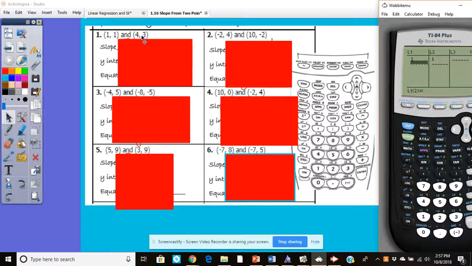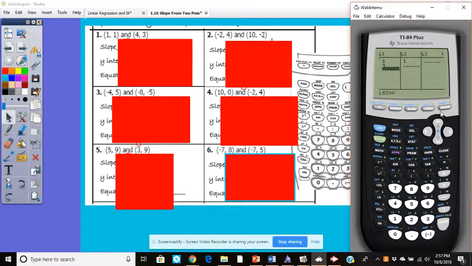And our other one is 4, 3. So the 4, or your x, would go in list 1, and your 3 would go in list 2. So x is in list 1, y is in list 2, or the value on the left-hand side in list 1, the value on the right-hand side in list 2.